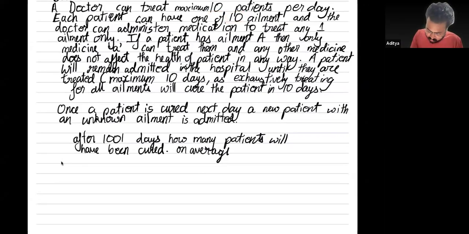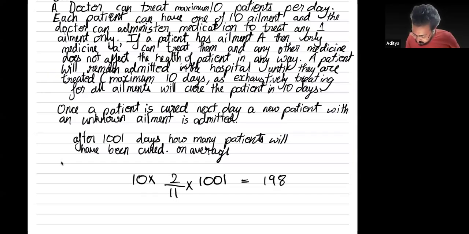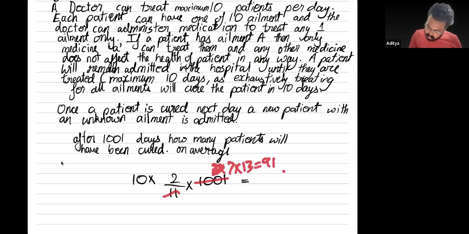So the total number of patients that are being discharged on a daily basis is 10 times... This is the final answer. 91 times 2 is 182. 1820. This will be the final answer.